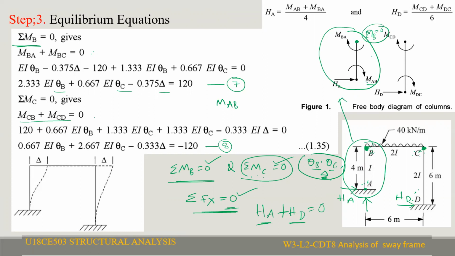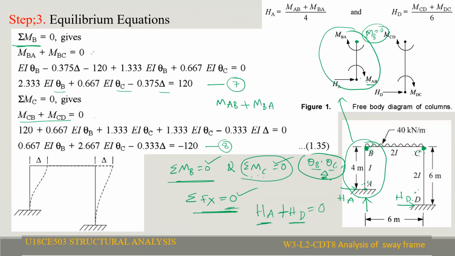I'm considering clockwise moments as positive. MAB is producing a clockwise effect. MBA is also producing a clockwise effect. So MAB plus MBA.